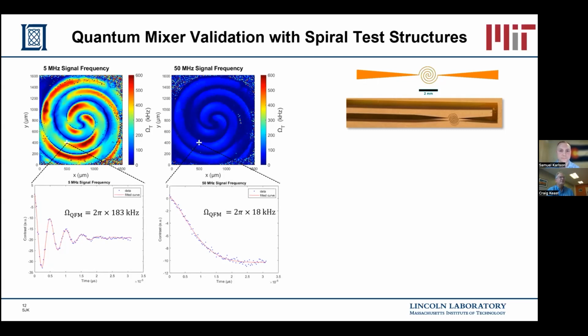A number of questions are rolling in here now, Sam. This is from Emil Patel: are there limitations today on diamond substrate size and the density of the NV sites? There are.